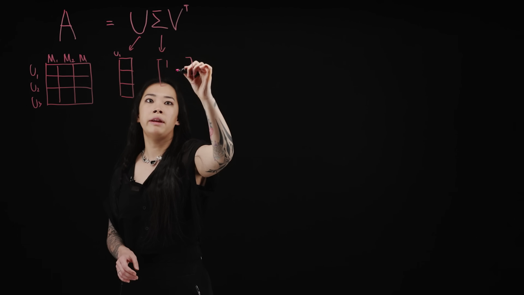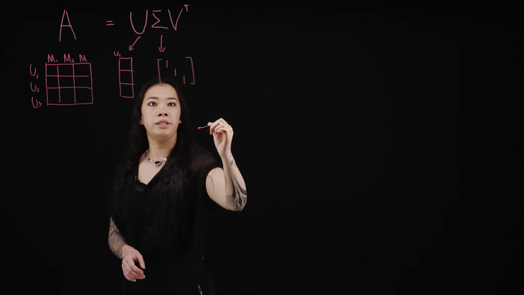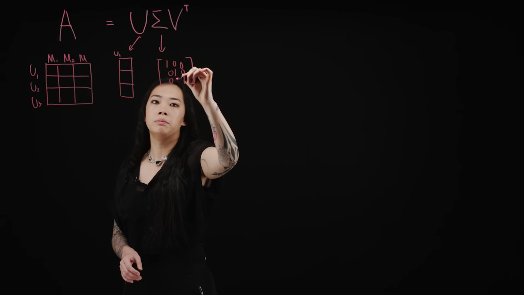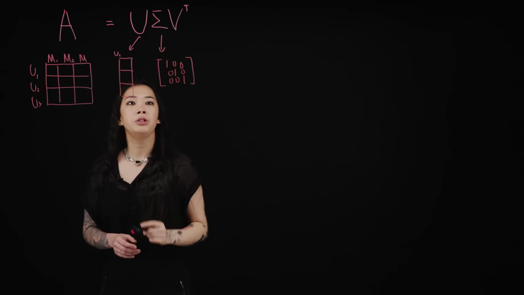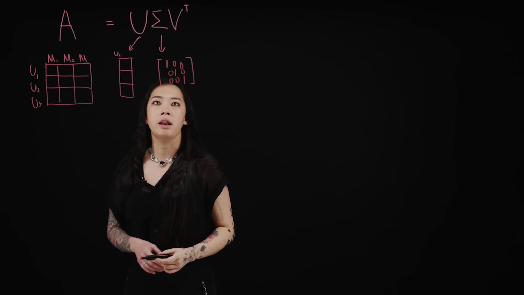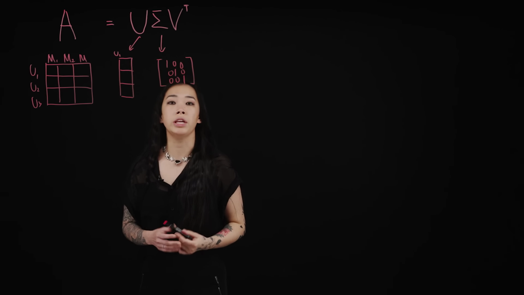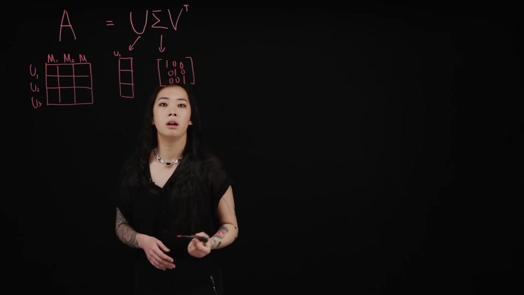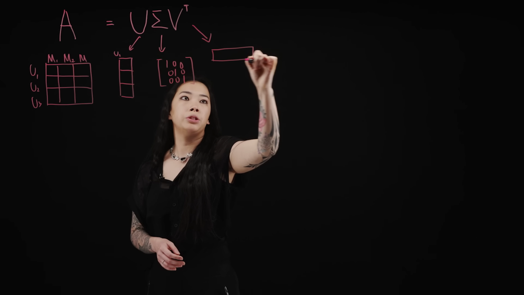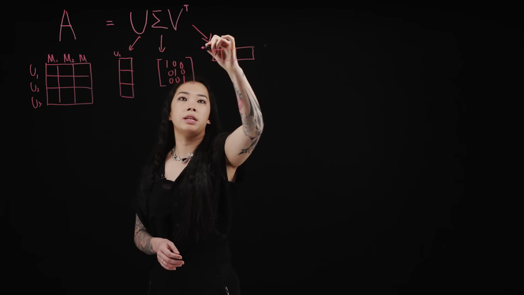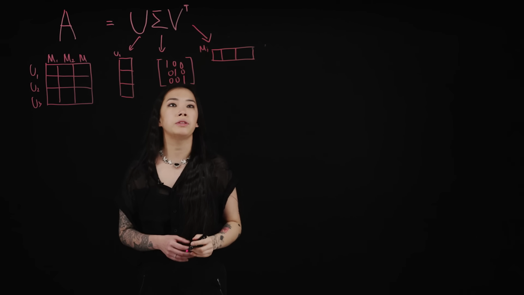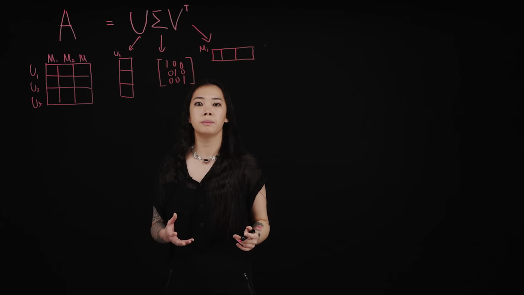Sigma is a diagonal matrix. That means every value is 0 except for across the diagonal. In SVD, sigma is usually ordered such that the largest value comes in first, and it signifies the importance of each of the features. V transposed is the matrix that represents features in the column space or the movie space. It captures information about the movie.